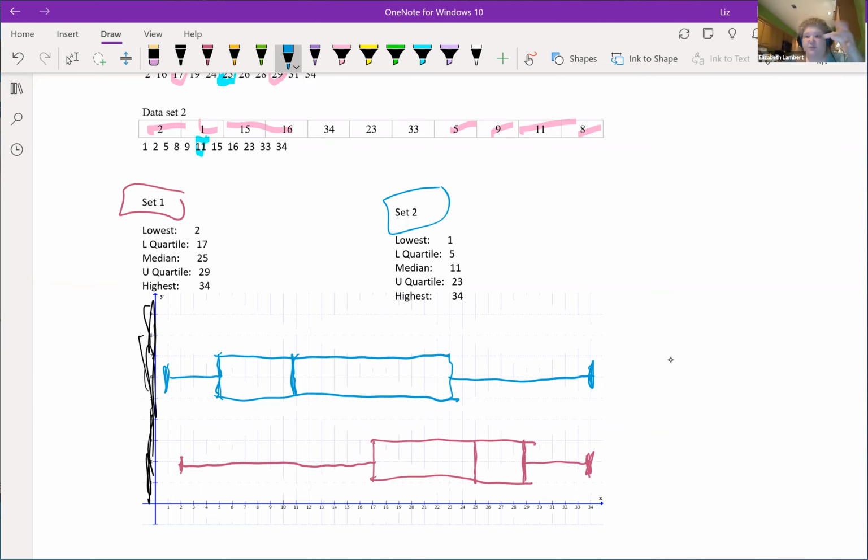So essentially, we've just picked 5 numbers from the data, or an average sometimes. And we're using those to get a feel for how the numbers are spread. So you can see in set 1, they're closer together, but you can see they're bunched more to the right.